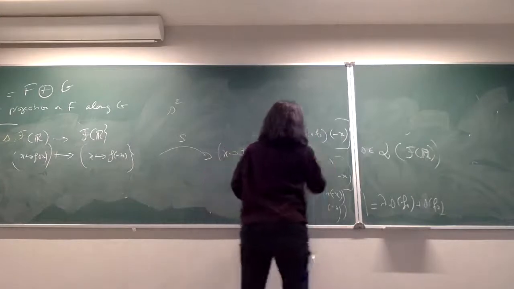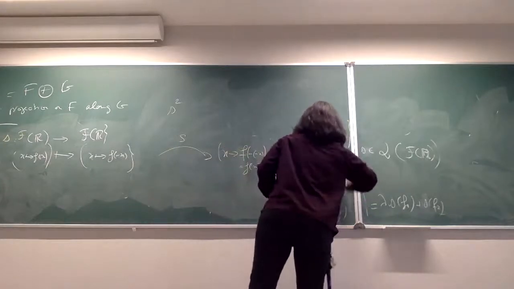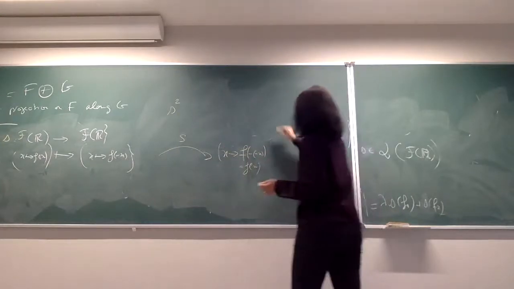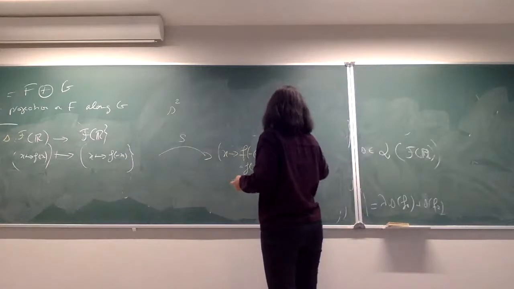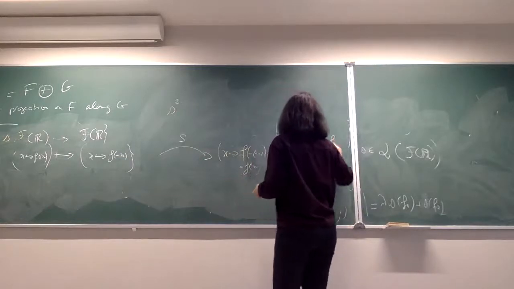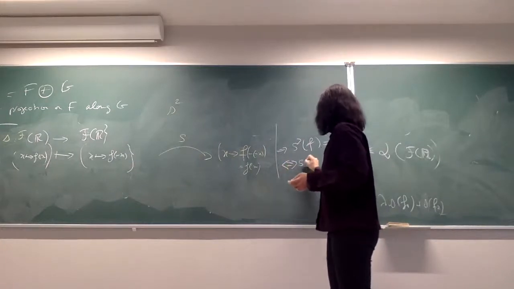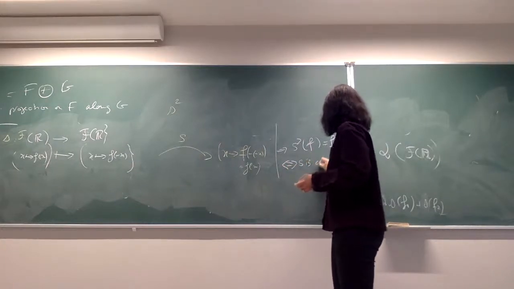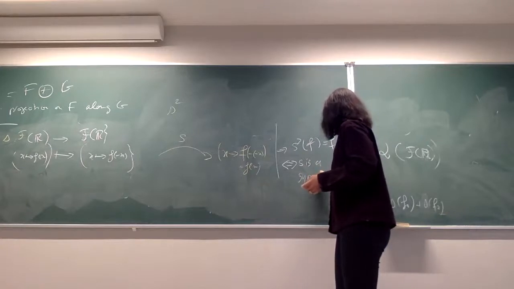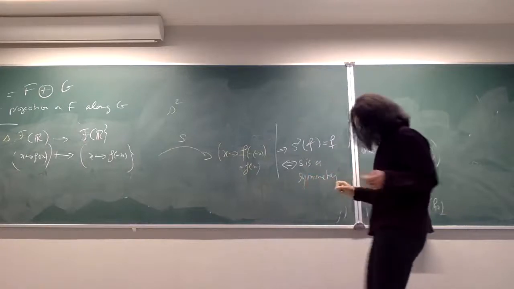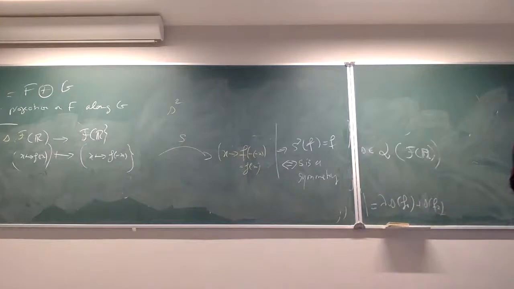From this, we can say that S squared of f is equal to f, so S is a linear symmetry.